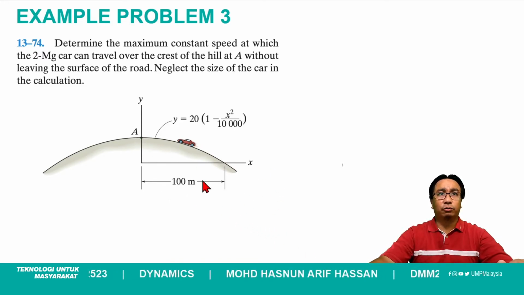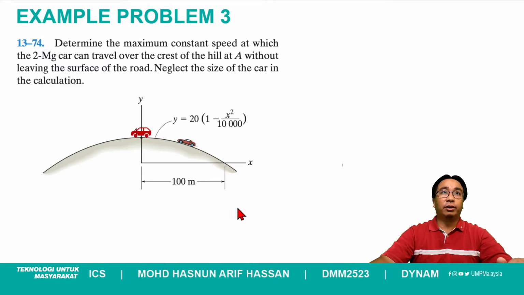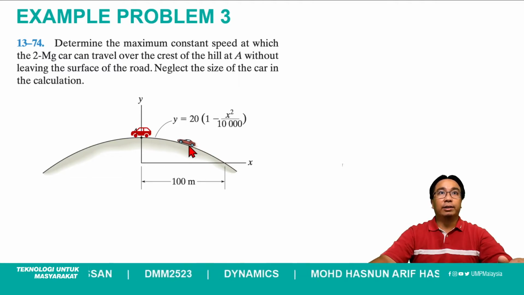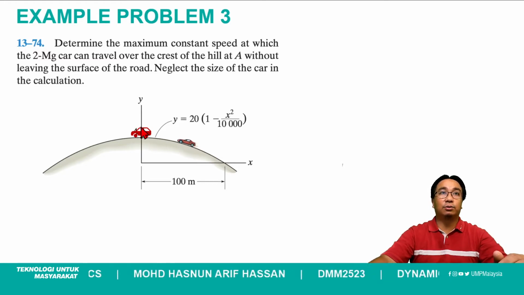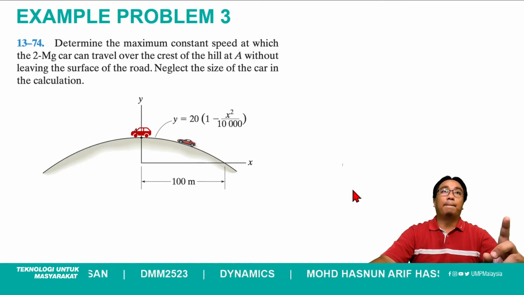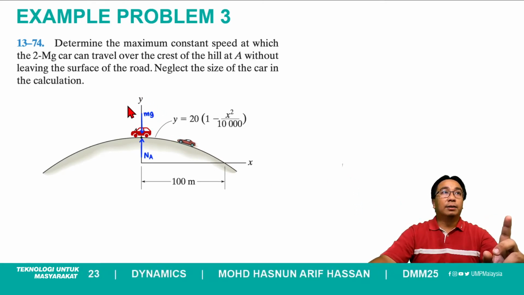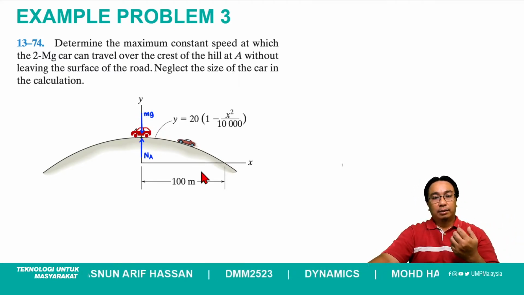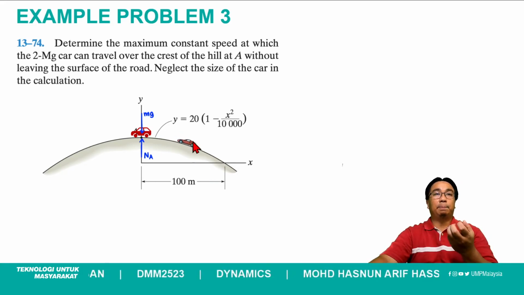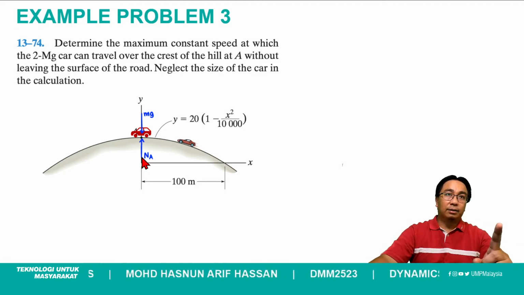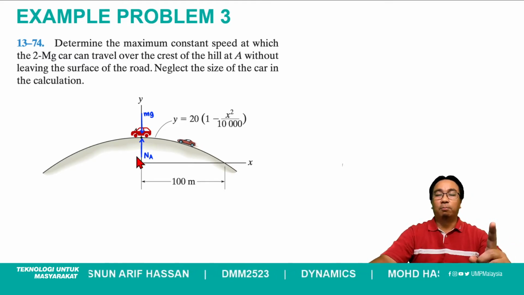Okay, so first we will draw the free body diagram. What we want to know is when the car is at point A, not when the car is at this point. This is just showing a representation of the car. So when the car is at point A, what are the forces acting on the car? First we have the weight of the car, mg, and since we assume that the car is a particle, we will define only one normal force, NA.